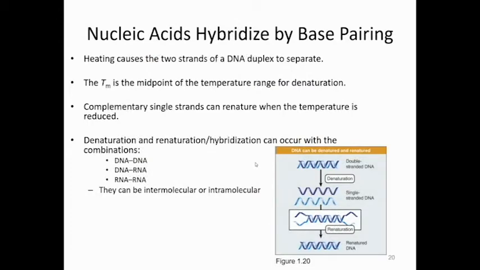And then nucleic acids can hybridize by base pairing. As we mentioned, A, T, G, C form hydrogen bonds, so they can form a double helix.